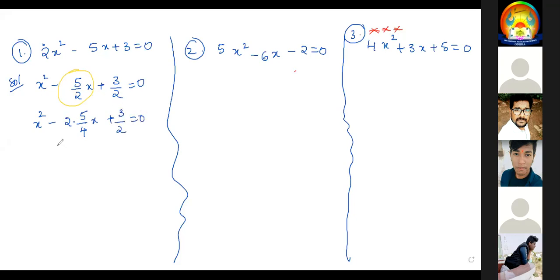I multiplied with 2 divided by 2. Now, x square minus 2 into 5 by 4 into x plus, what do I have to add? I have to subtract. 25 by 16 I have to add, and 25 by 16 I have to subtract. So now you can do this. Here also. The rest you can do. Please do it.